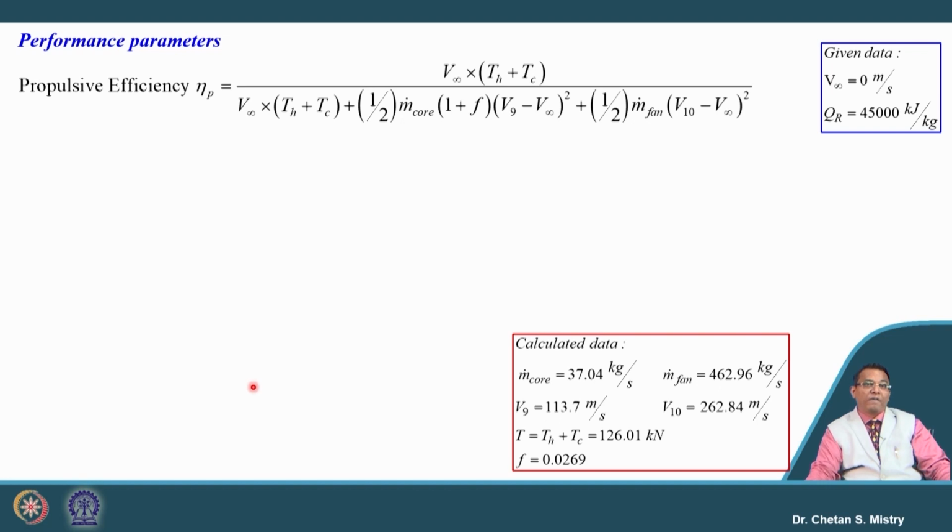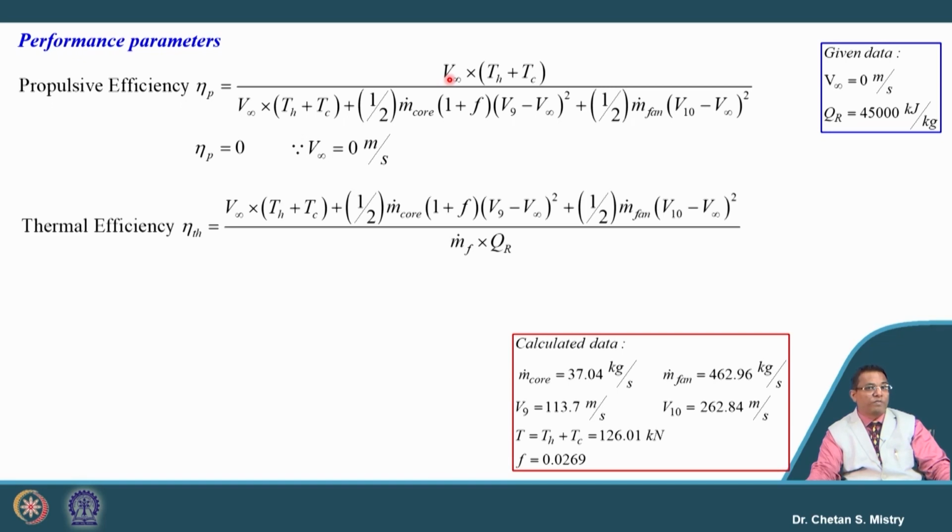Now, we will be doing our calculation for the propulsive efficiency. The propulsive efficiency is a function of flight velocity. This flight velocity we have is 0, that means propulsive efficiency is 0. We can do our calculation for the thermal efficiency. For this thermal efficiency, the term V infinity is 0.